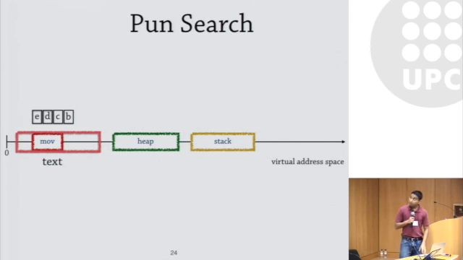Okay, so let's see how this search works. Let's say we want to probe this move instruction, which is somewhere inside the text segment. And you can see the trampoline offset bytes that we want to fill in at this particular location on top of this move instruction. So we start off by zero initializing this offset.